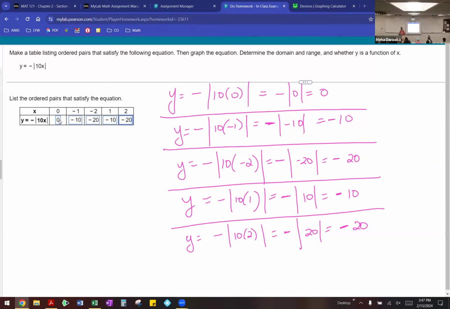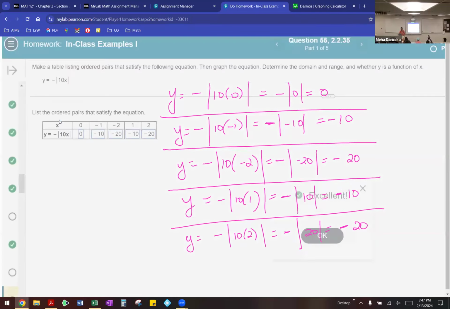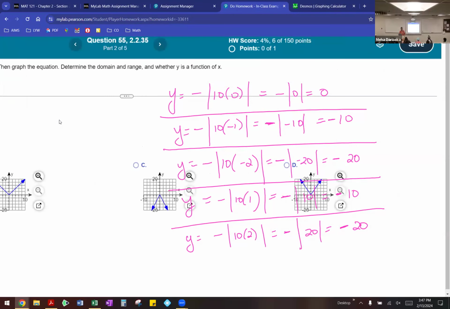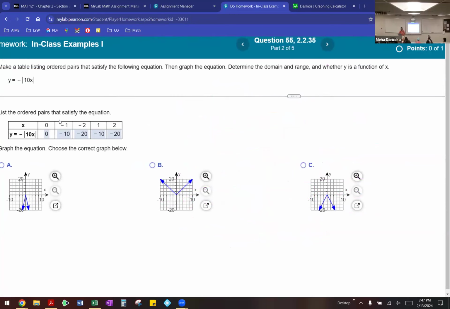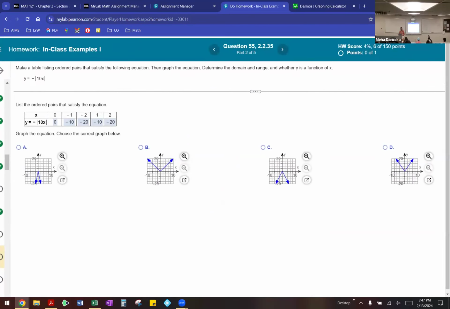Alrighty, let's check this math. Good. Size, A, B, C, or D. Can we eliminate any of them? Which ones?